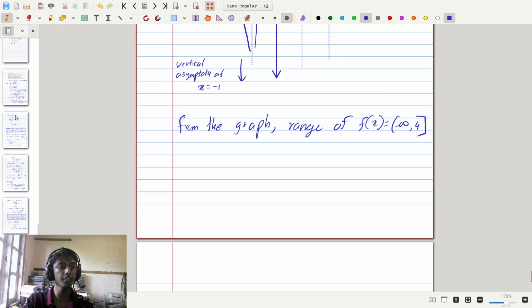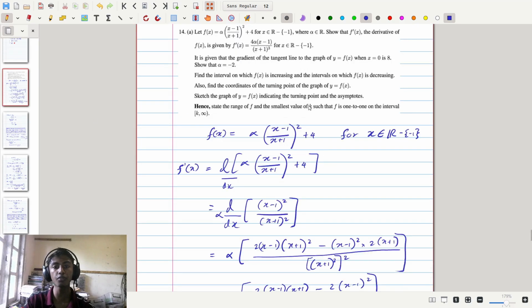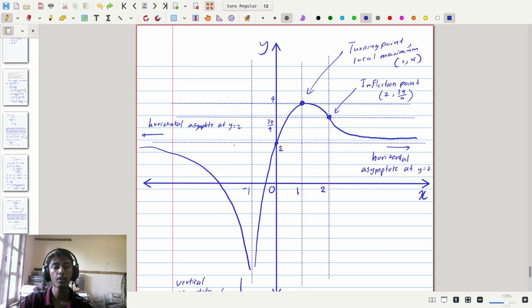Now the question then says, find the smallest value of k such that f is 1 to 1 from k inclusive up to infinity. Now if we consider our graph, we can see for, let's say, this value of -1, our graph is not going to be 1 to 1, as for a single value of y, there are two values of x. So therefore, -1 does not work. If we start going forward like this, we can see the first point at which our graph becomes 1 to 1 is at the value of x = 1.